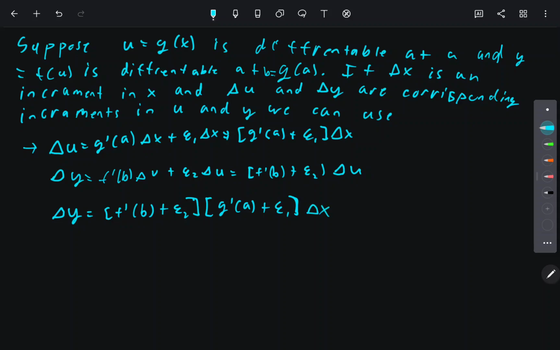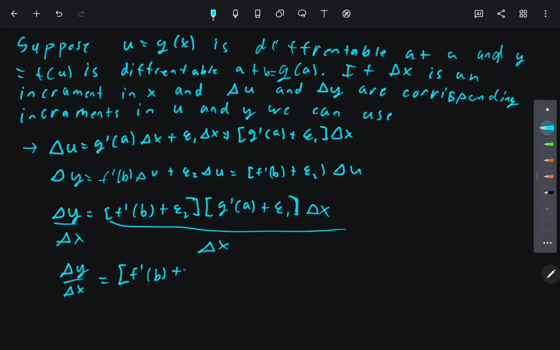Now what do we want? If we want the derivative, we need to divide both sides by a change in x. So we get a new change in y over change in x is equal to f prime of b plus an epsilon 2 times g prime of a plus an epsilon 1.